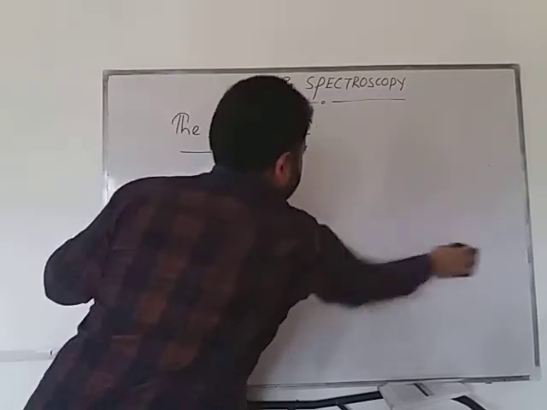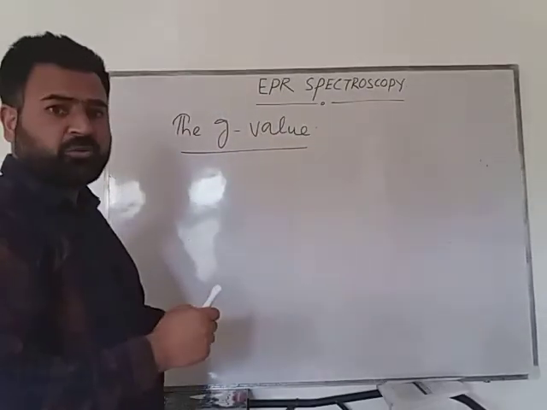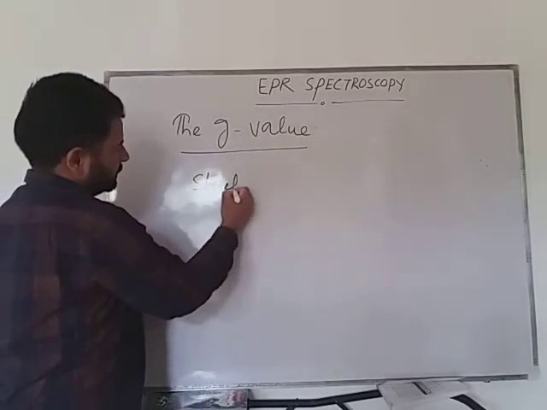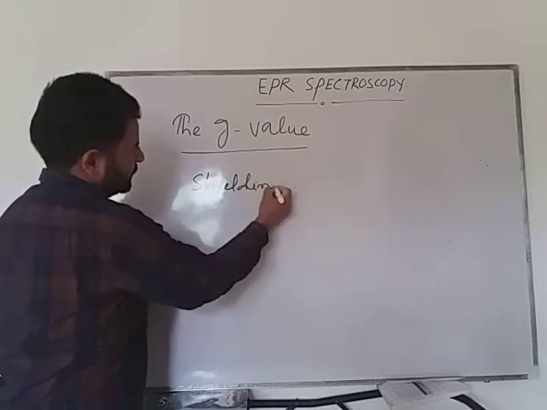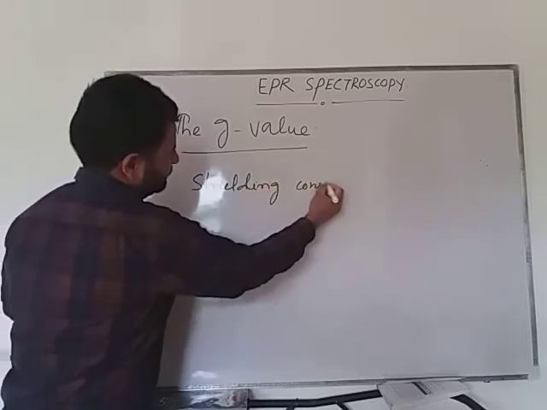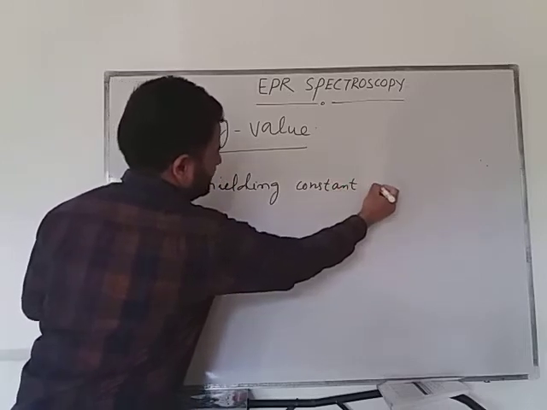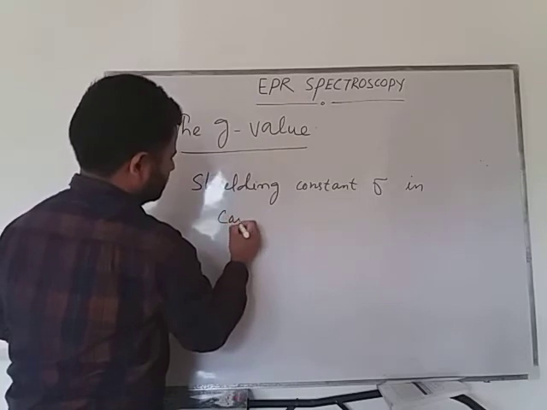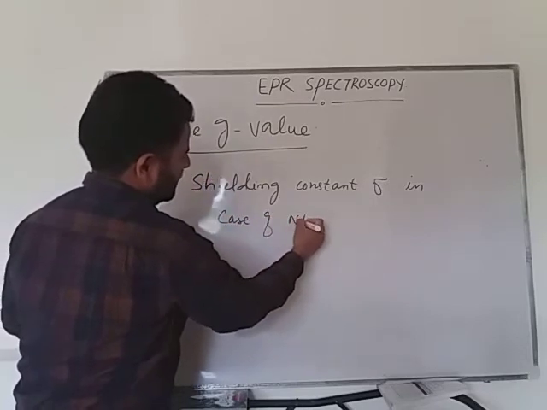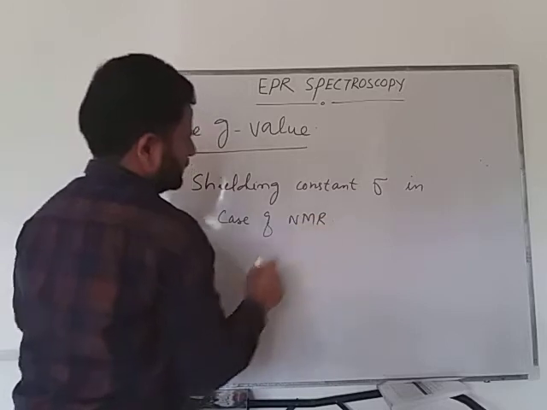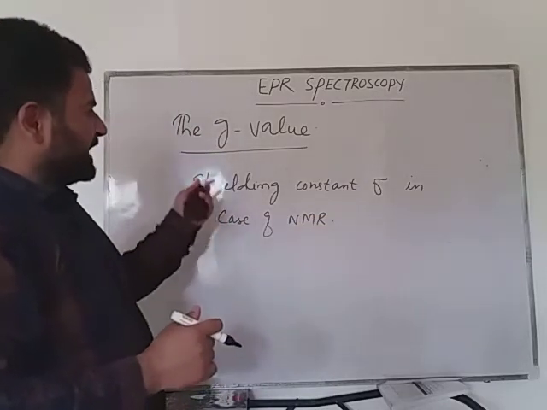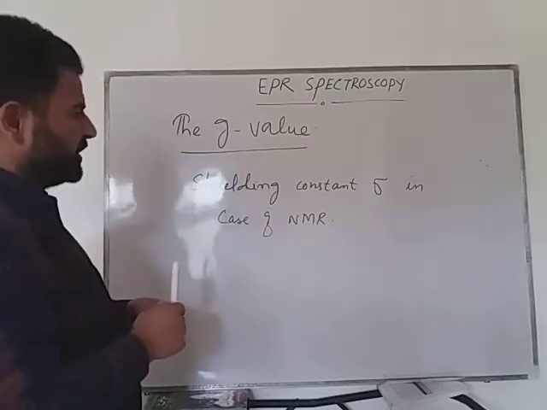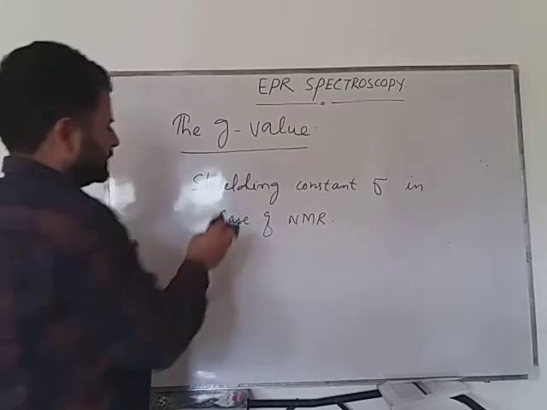You might have seen that in NMR spectroscopy we use the shielding constant, sigma. Similarly, the G value is of the same nature in case of EPR spectroscopy. Now we will see how the two are related.